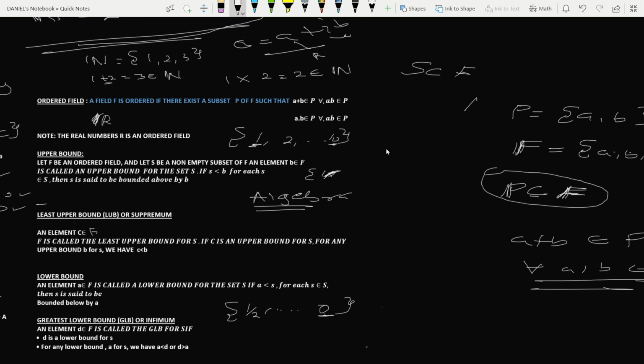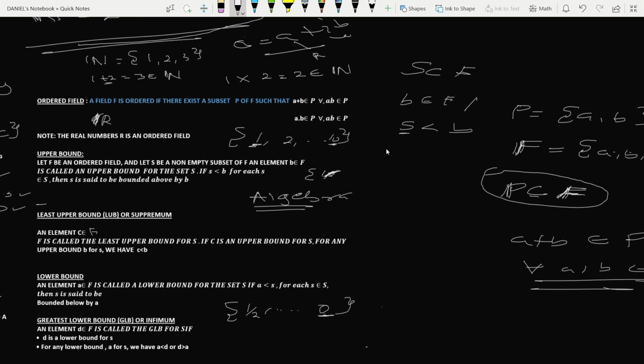And B is an element in F. So if B is an element in F, B is called an upper bound for the set S if and only if s is less than or equal to B. Now, this s that we have is a small letter, an element.